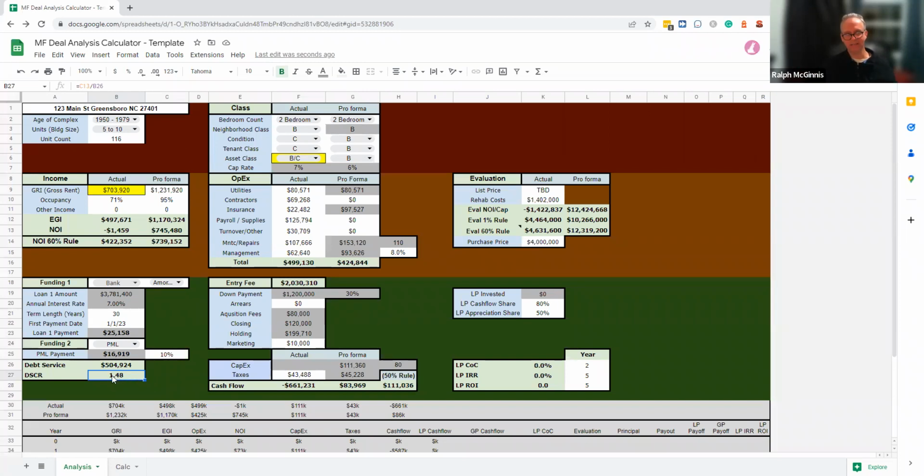That's where the DSCR comes into play. So you want to make sure you have a minimum of 1.2, or you can't even get approved for loans. But I strongly recommend not even doing a 1.2. It's just too risky. You want to do a 1.25, 1.3, or even better. The higher the DSCR, the better the deal.